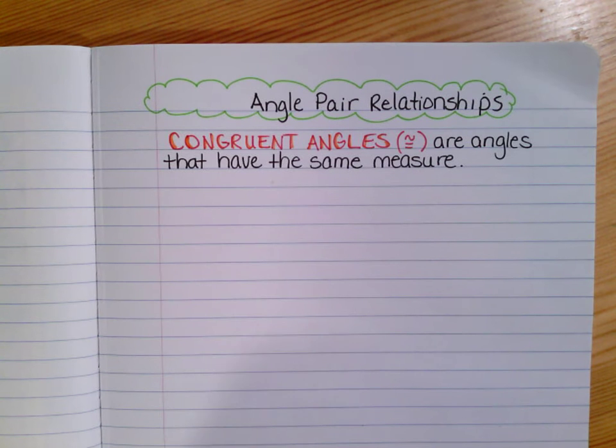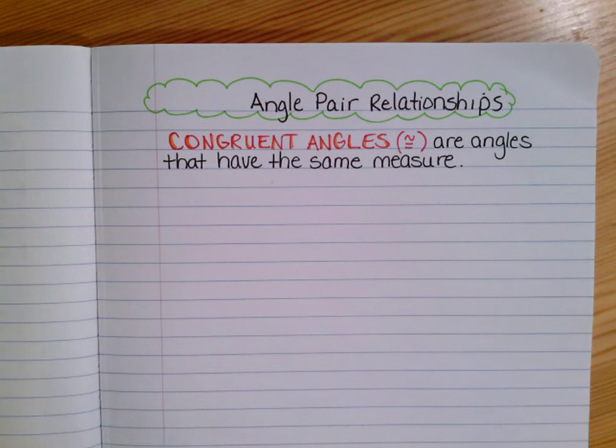So when we're trying to express that same idea of equality that we talk about with numbers, we use the word congruent for figures and shapes, angles, geometric figures. We say numbers are equal and shapes are congruent. In this case, angles are congruent.